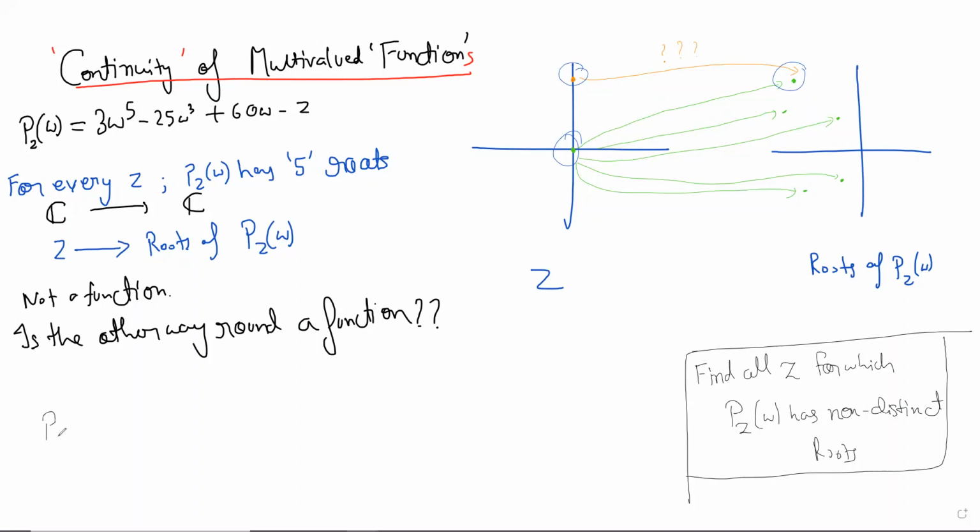So the question basically is, can there be a z1 such that w0 is a root here, but w0 is also a root for some other z? So the same w0 is a root. Yes, in that way it's good, but it would be good if it's also from C. That's a different question.